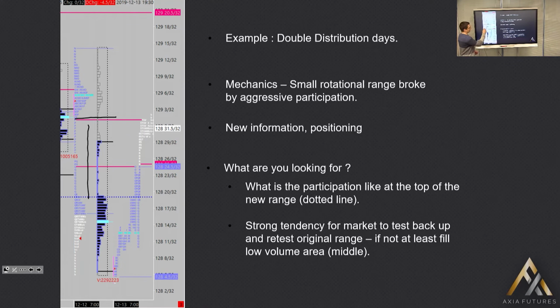Later, once that position is undone, we come back and churn in this zone here, and hence we get these two distributions, the double distribution day.